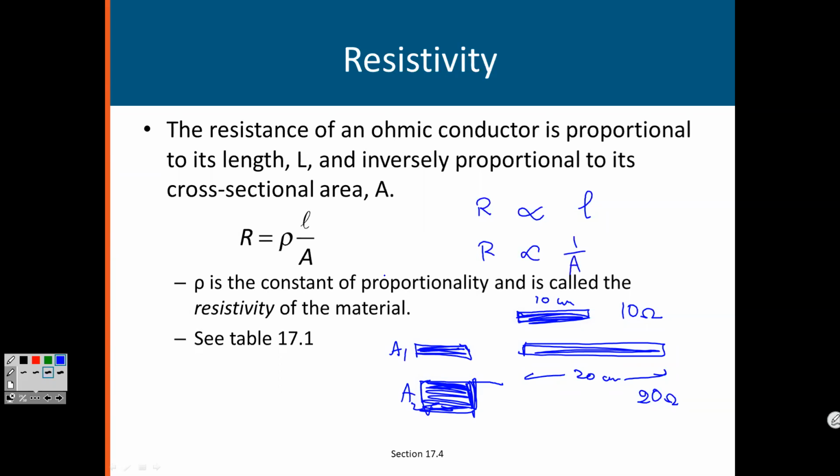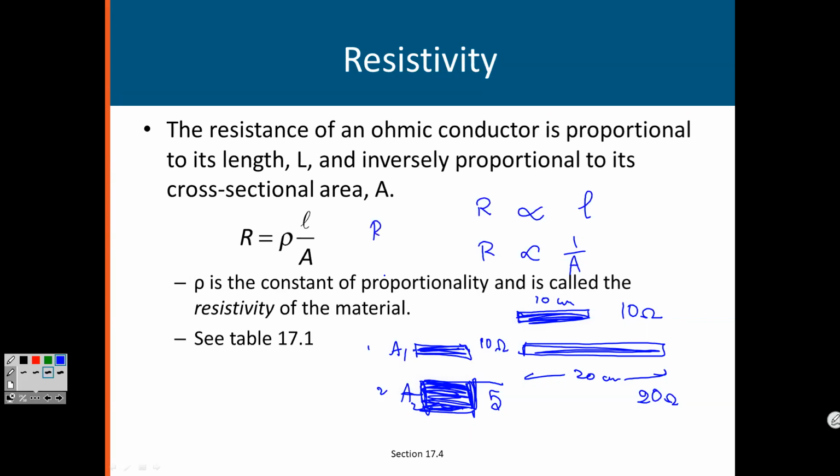So suppose the resistance here is 10 ohms, and when I double the thickness, let's say this is 1, now the thickness is 2, whatever the unit, then the resistance becomes halved. So that is what we call inversely proportional. So you got it? Very good.